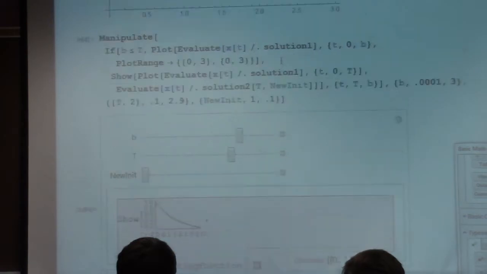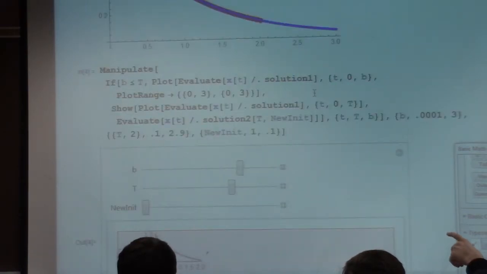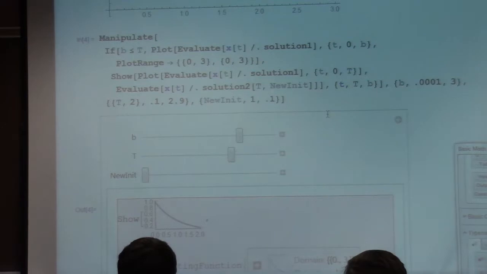Well, you need to wrap in the second plot. You need to wrap both the evaluates within curly braces because you're plotting two of them. Yes. Let's see. Where are you talking about? Right there where your cursor is. Because you have two separate evaluates. Yeah.